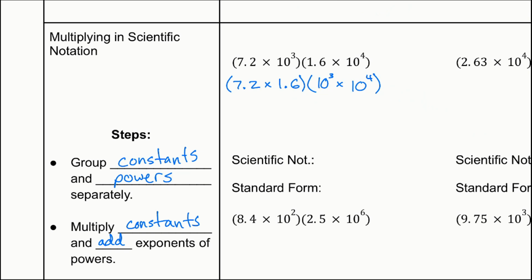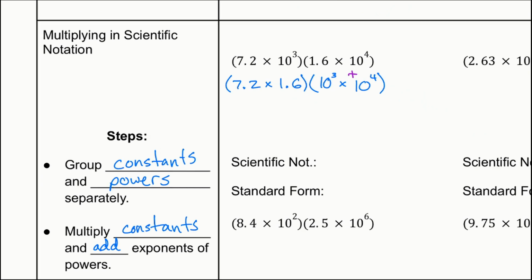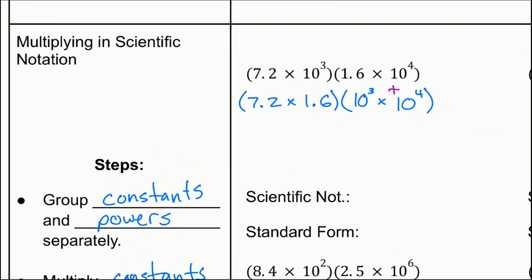So what it'll look like is this. I'm going to use a calculator, obviously. So 7.2 times 1.6. We're going to run into an issue. I knew that. Okay. So this is 11.52 times 10 to the 7th power.